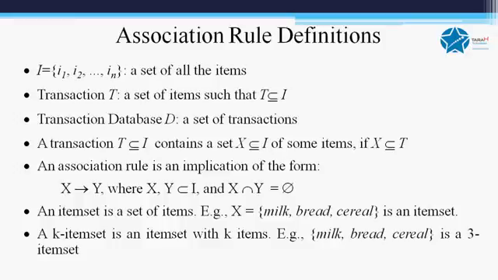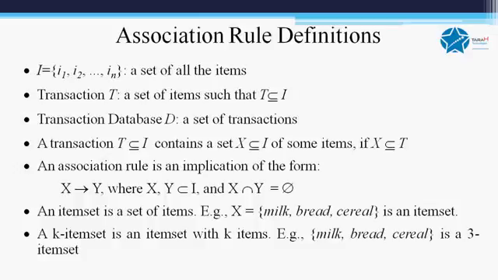A transaction database is a collection of transactions, which could be a series of purchases done over different days by the same customer, or the same customer comes multiple times to the shop. Collection of all the transactions becomes your transaction database.